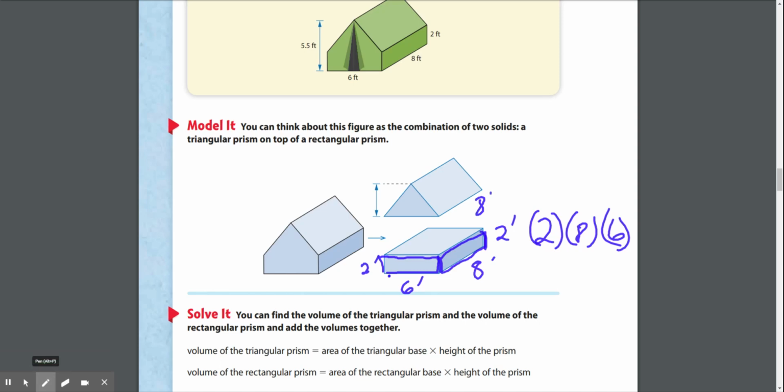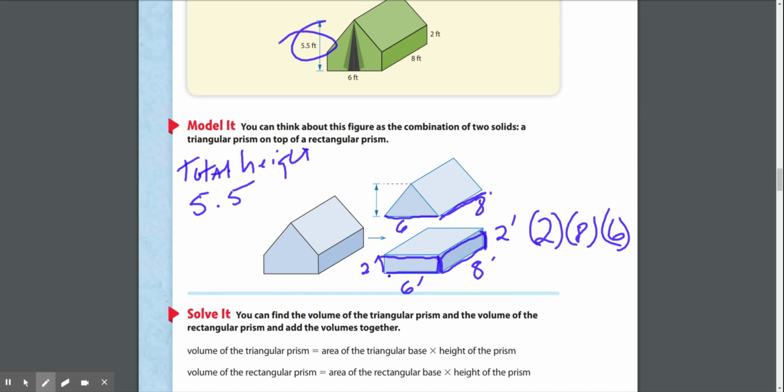And just like the front of the tent, this front is also 6 feet. And that part is 8 feet. Now the total height was 5.5 feet. So you can see from the picture above.